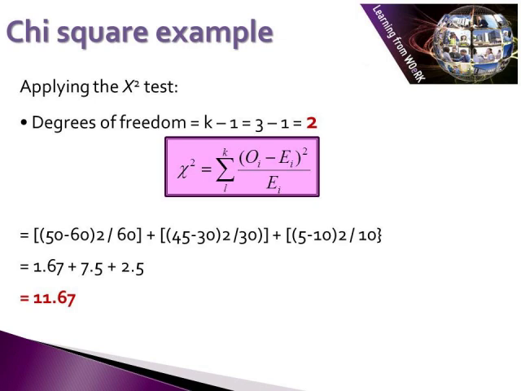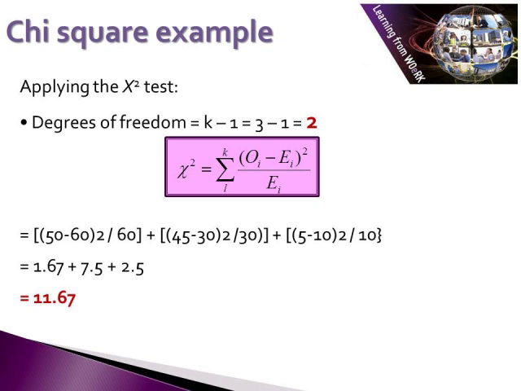We had an expected value of 60, given what the national distribution said. So we have the observed 50 minus the expected 60, we square that, and we then divide that by our expected value of 60. We then add, or sum, as the large sigma is basically a sum sign.